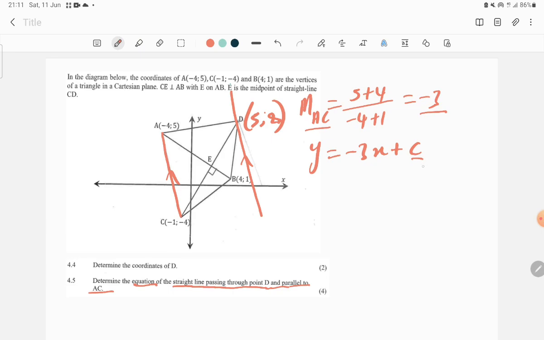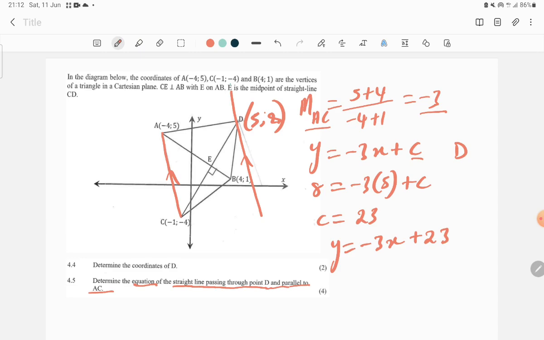We're going to use a point where this straight line is passing through, and we are going to use the point D. Now the point D, we have 8 in the place of y, then we have 5 in the place of x, then -3 times 5 gives -15, plus c, so c is 8 plus 15, which is just equal to 23. Therefore we have y is equal to negative 3x plus 23.